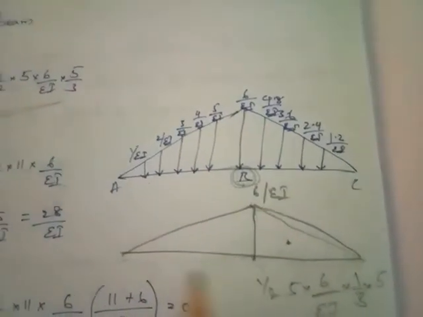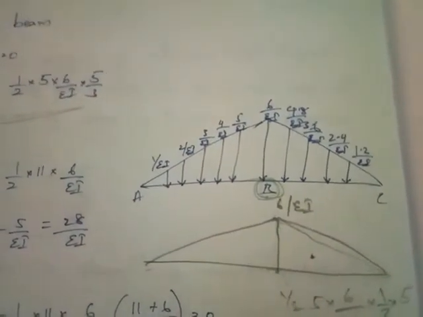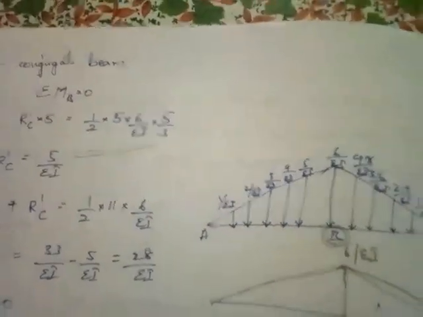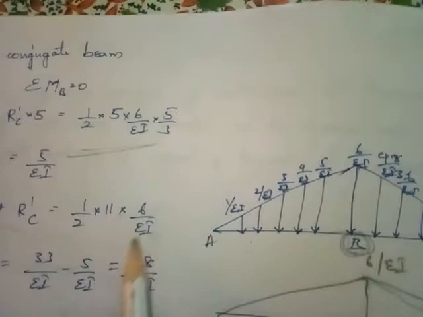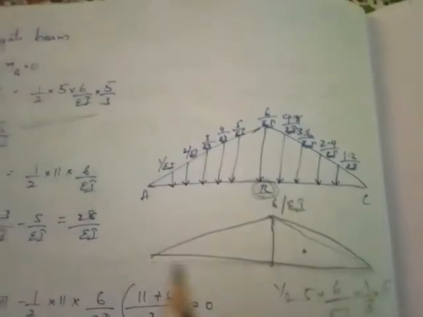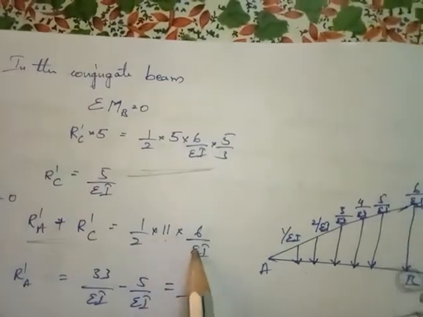If you take from the left hand side it is 2 by 3 and 1 by 3, so totally we take it as 3 by 3, that becomes 1 into 11, the beam span, into 6 by E, the maximum load applied. That is half into 11 into 6 by E.